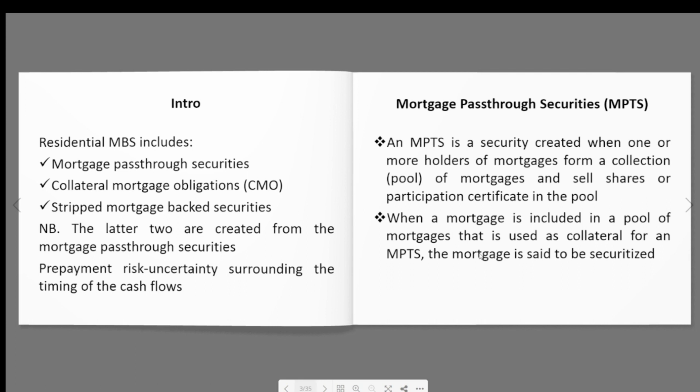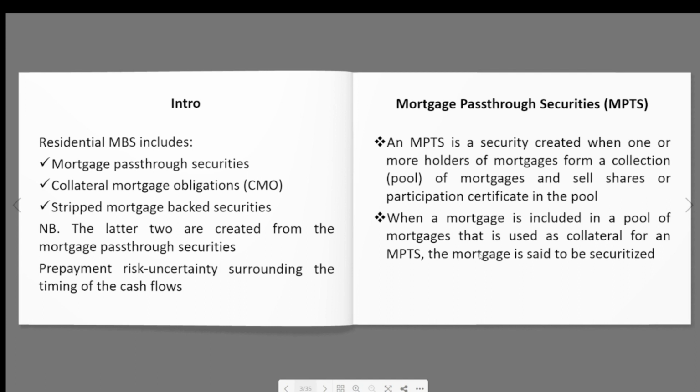Repayment risk, which is the uncertainty surrounding the timing of cash flows, is also a risk involved in this type of security. A mortgage pass-through security is a security created when one or more holders of mortgages form a collection, commonly referred to as a pool of mortgages, and sell shares or participation certificates in the pool.